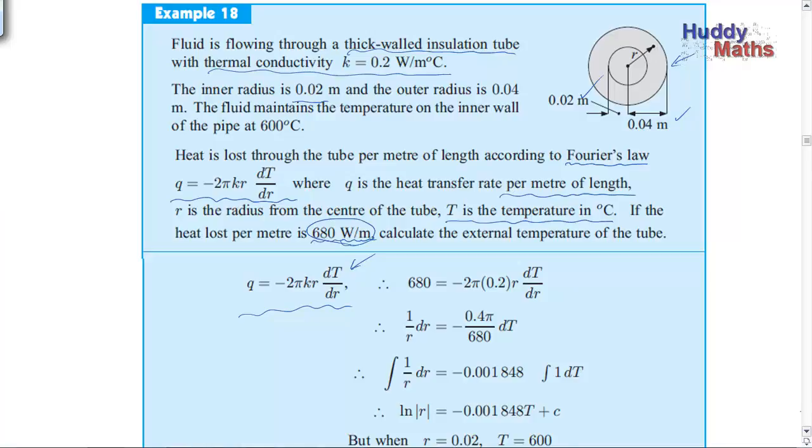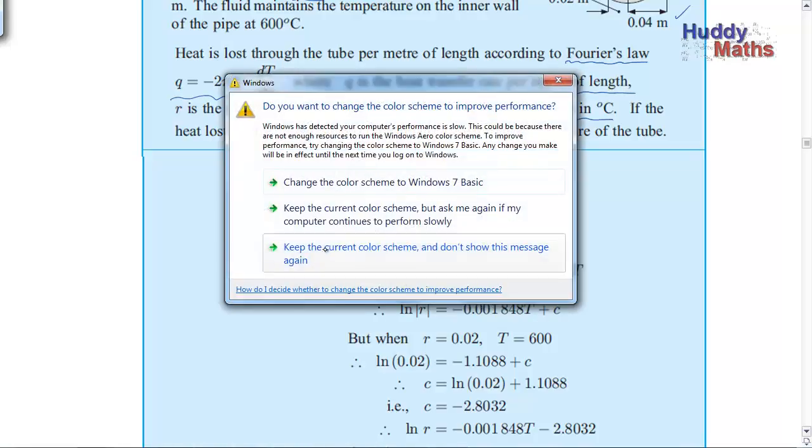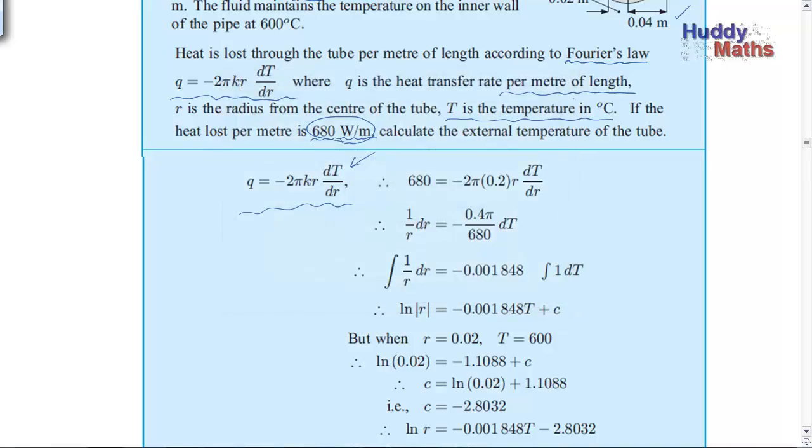Okay, so the first thing that we might do is to actually try to solve this differential equation. What we're going to do down here, they've done it slightly differently. First of all, we can put in some constants. So R is the centre of the tube, but here, what can we put in?